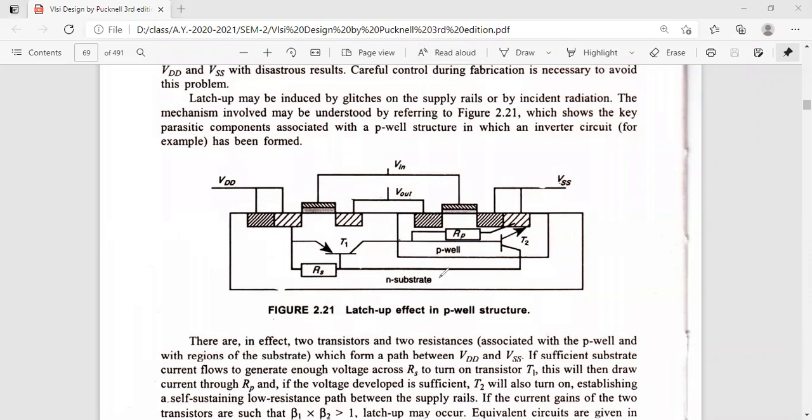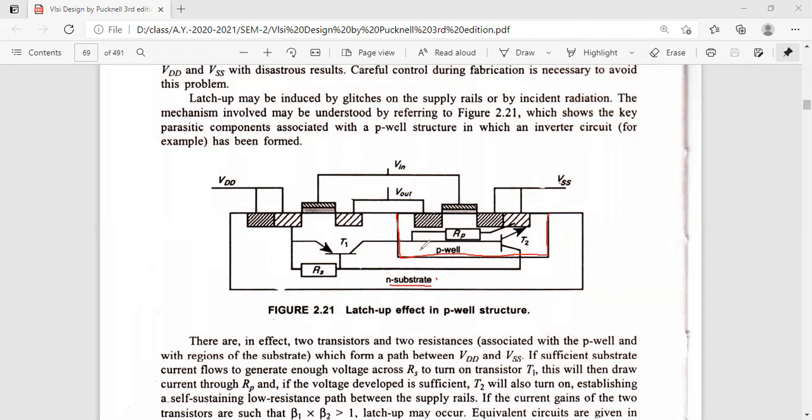Here we take N-type material, very lightly doped, which acts as the substrate, that is, the N-type substrate. Then in that N-type substrate we form a P-type well. How it is formed, you have already studied in the fabrication process.